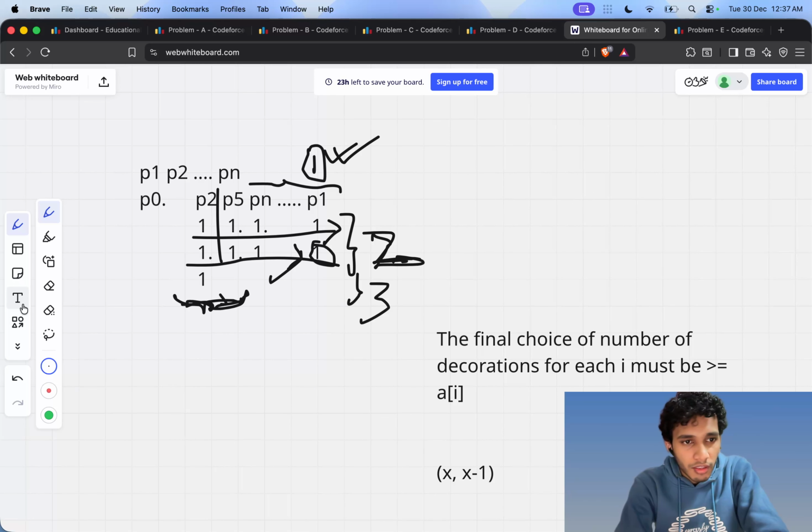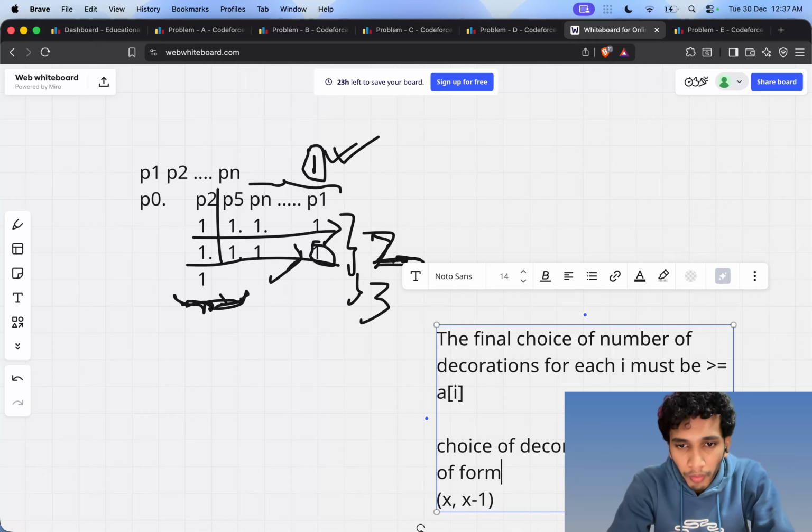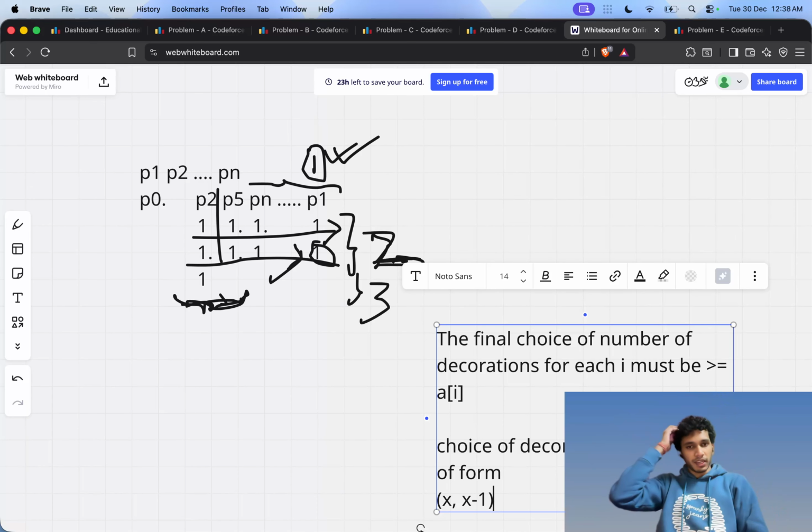So this gives us the conclusion that the only choice can be of the form x comma x minus 1. So this gives us the scenario where a decoration is not possible for a permutation.